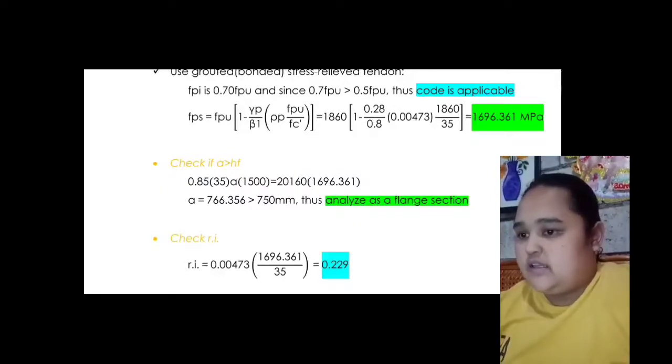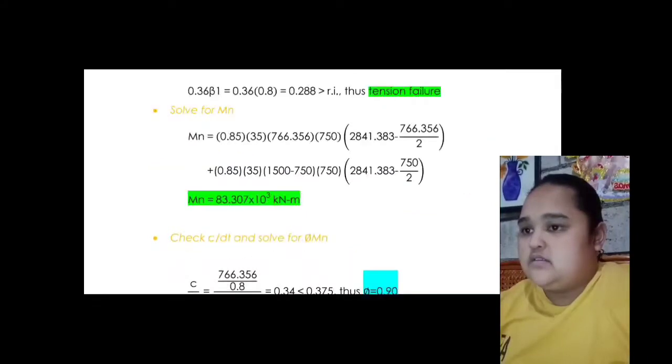Check RI. RI is equal to 0.00473 times 1,696.361 over 35, which is equal to 0.229, and 0.36 times 8 is equal to 0.288, which is greater than the RI, thus the tension failure.